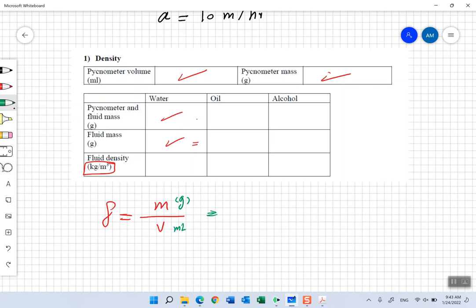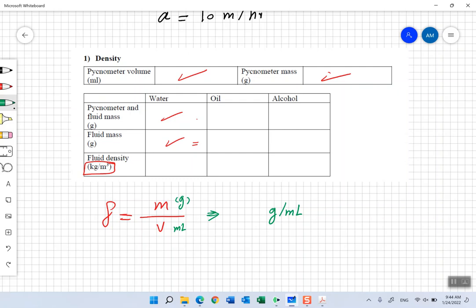So this will produce units of grams per milliliter, right? But it asks you to write the fluid density in kilograms per meter cube. So how can you handle that? How will you convert from grams per milliliter to kilogram per meter cube?